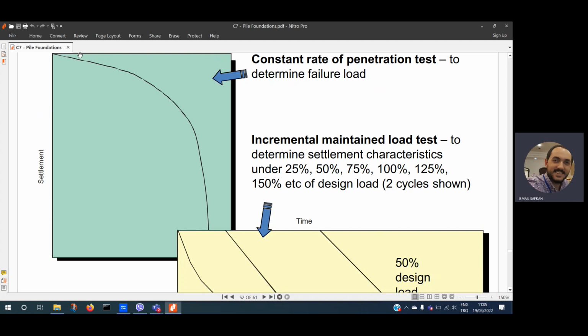With the increase in load, you have a linear relationship with settlement. That behaves like the elastic modulus behavior of any material in the elastic range. However, after one point, you start having more settlement with respect to the increase in force applied.